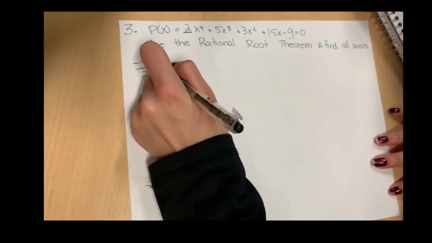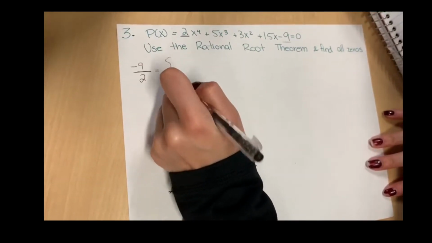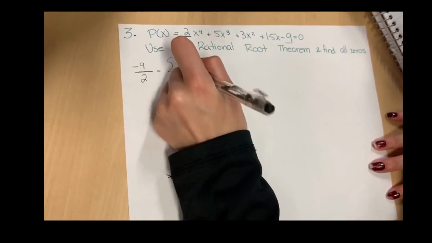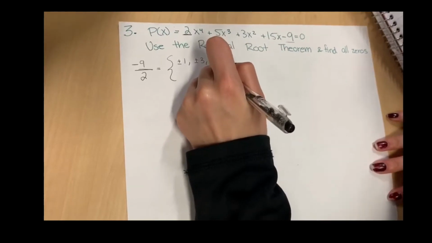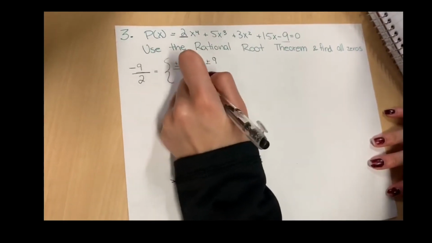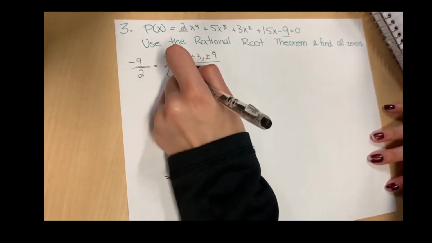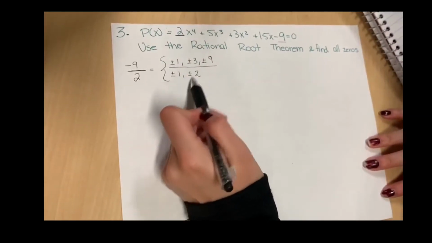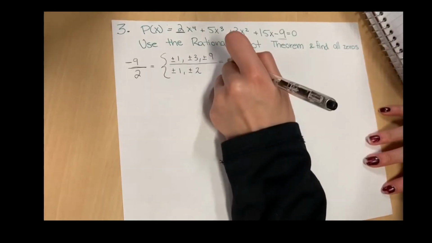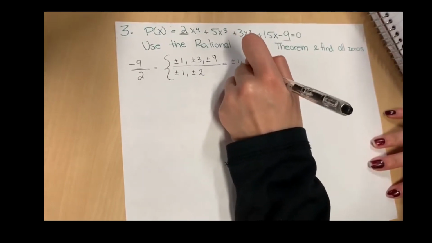So the first thing we have to do is divide negative 9 by 2 so that we can get the plus or minus 1, plus or minus 3, plus or minus 9 divided by the plus or minus 1 or the plus or minus 2.